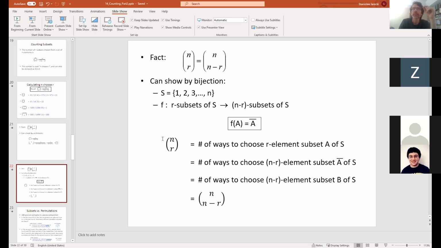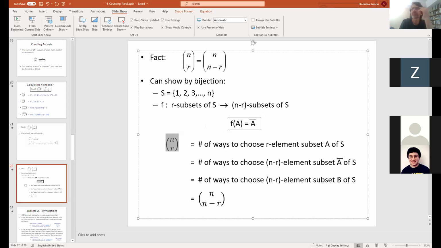So n choose R is the number of ways of choosing R element subsets. N choose n minus R is the number of ways of choosing n minus R subsets.